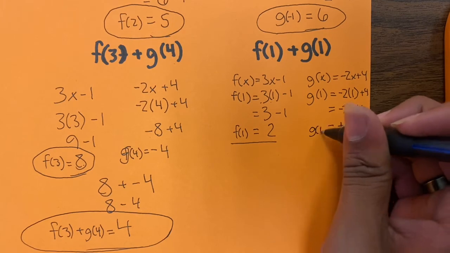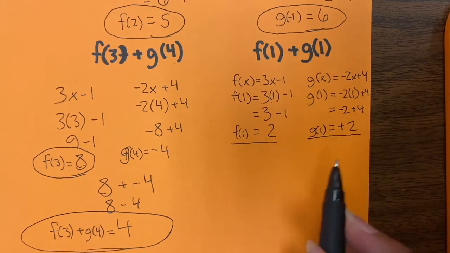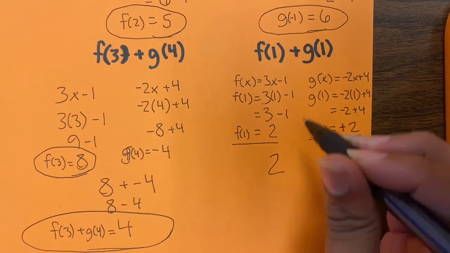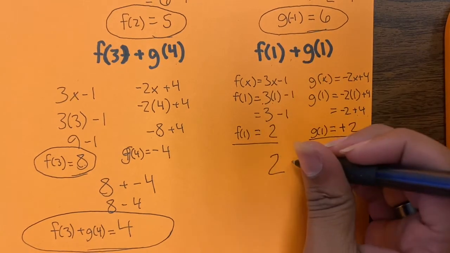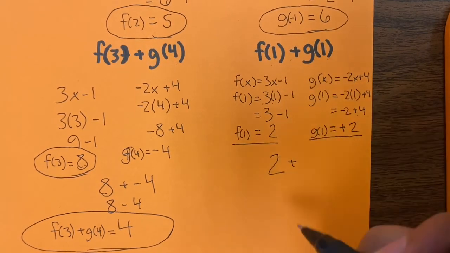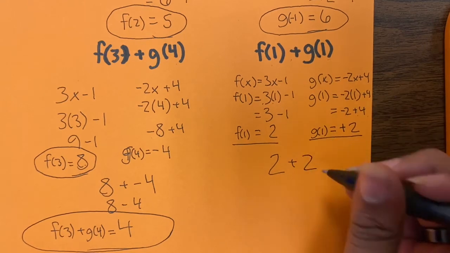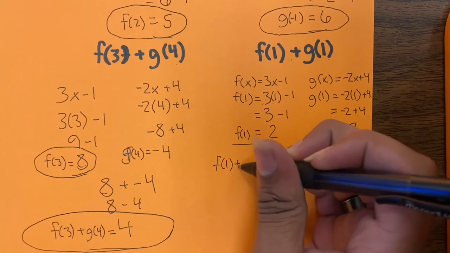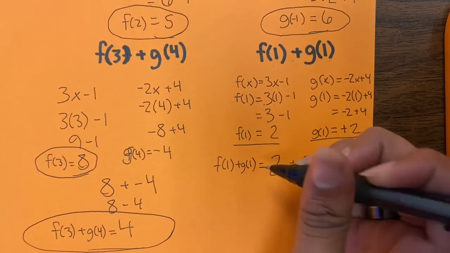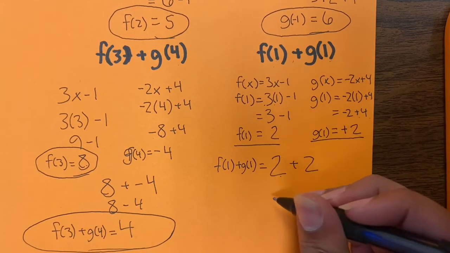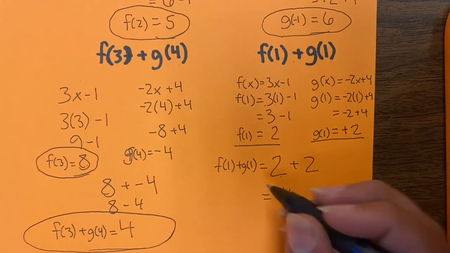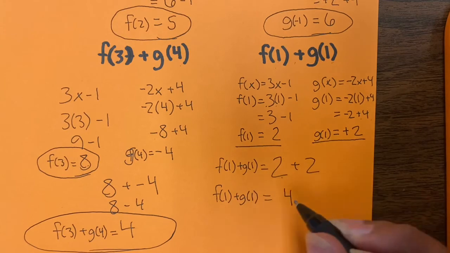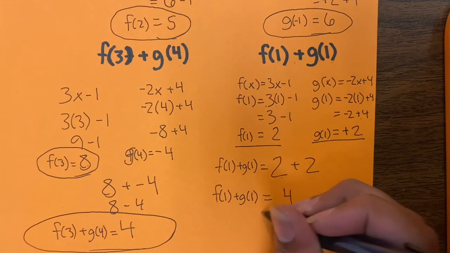So g of 1 equals positive 2. And so now f of 1 is 2 plus g of 1 is 2. So it wants me to add those two together. So 2 plus 2 is going to give me 4. So f of 1 plus g of 1 equals 4.